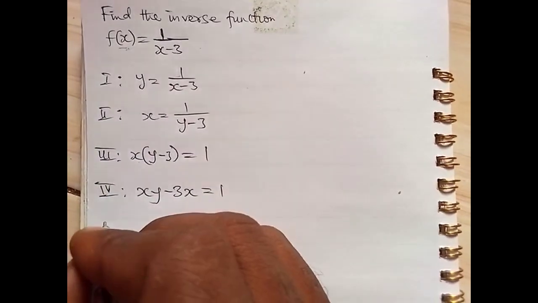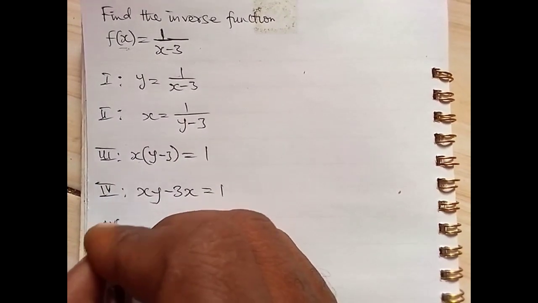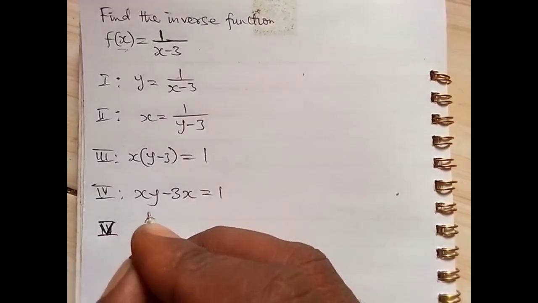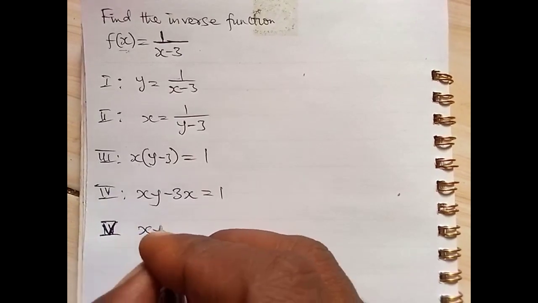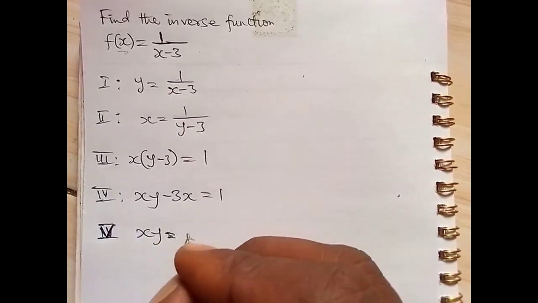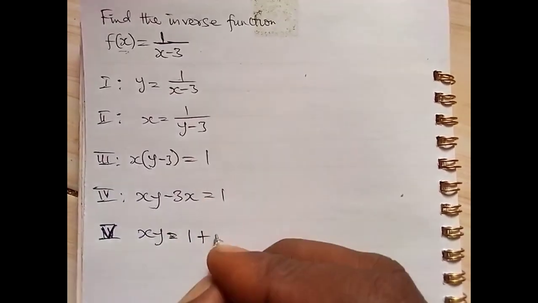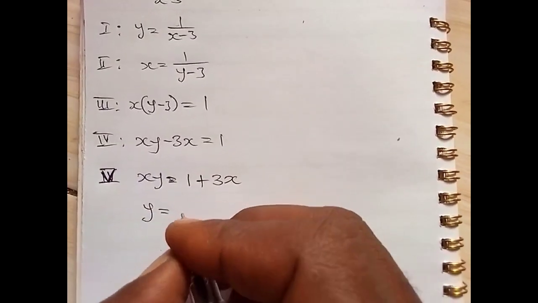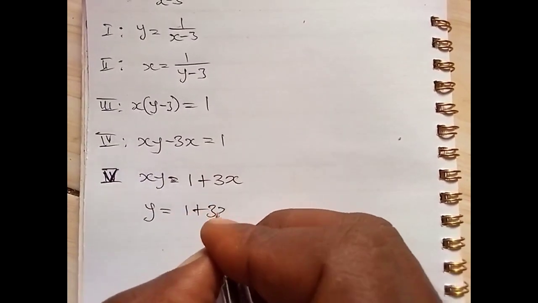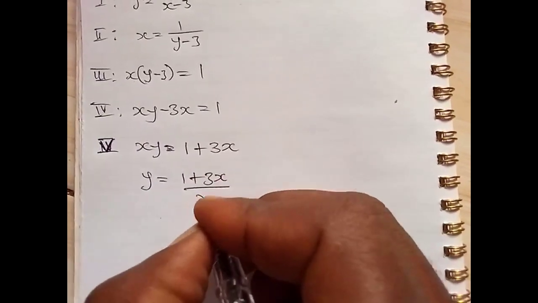The next thing, step 5, is making y the subject of the formula. We'll have xy equals 1, this coming over, plus 3x. Therefore, y alone will now be 1 plus 3x over x.